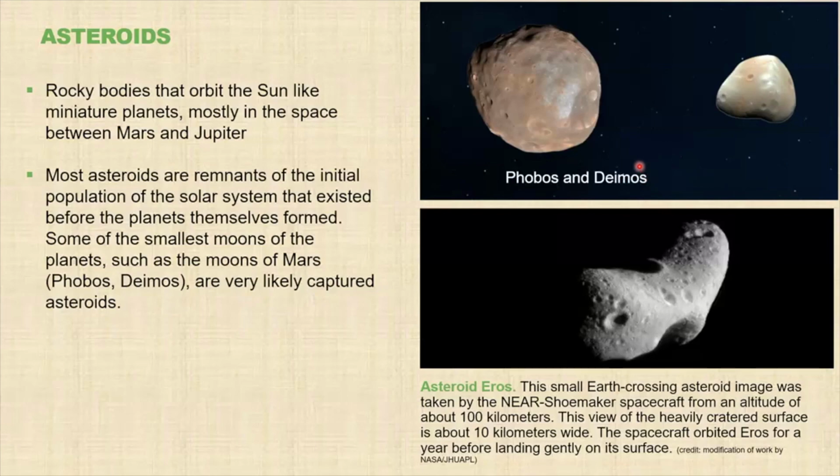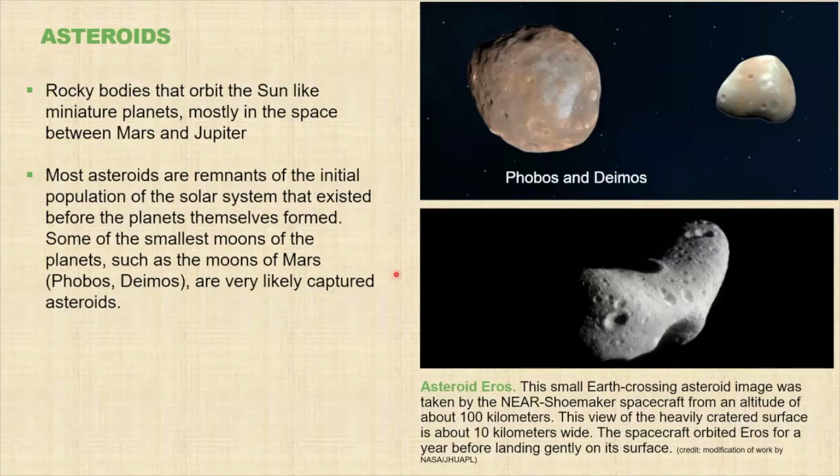So some of these asteroids can be captured. When they come closer to the planet from outside, maybe from the asteroid belt, from the Kuiper belt, or maybe from outside the solar system, and if they enter the gravitational field, these objects can be captured as a moon, as a satellite to orbit around the planet.